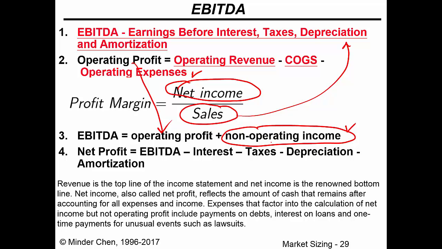So the final net profit, okay, this is operating profit plus non-operating income, added together is EBITDA. So net profit is EBITDA, once again, minus interest, tax, depreciation, and amortization.